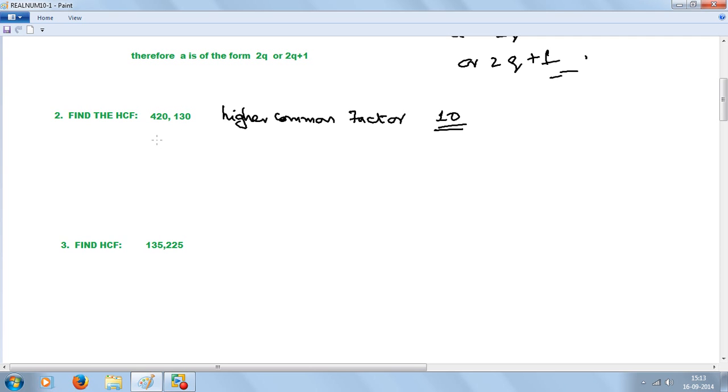But we will do it by Euclid's method. What is Euclid's method? Now, this 420 we have to divide by 130.